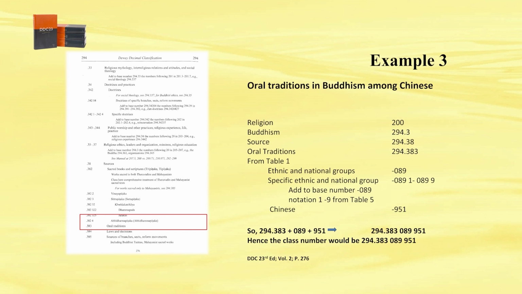Chinese is a national or ethnic group, so we can find it from Table 5. But as we know, we cannot add any number from any table except Table 1 unless we get an instruction. So let's hope for the best and proceed with Buddhism.